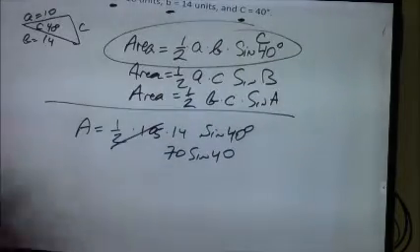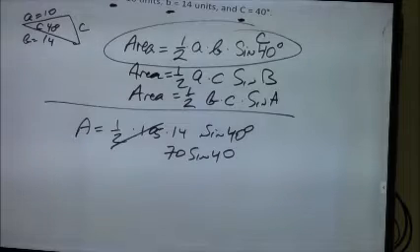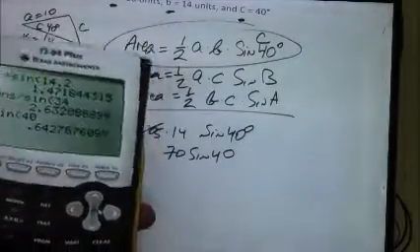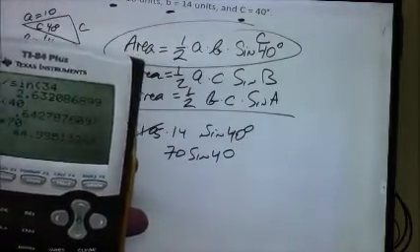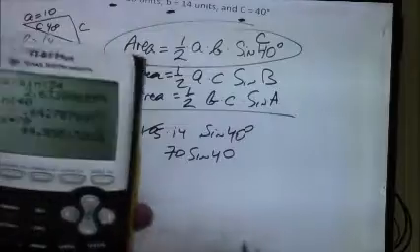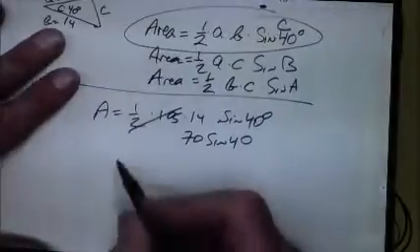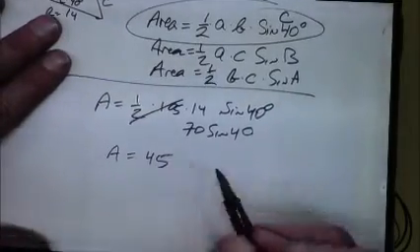I can do a lot of math in my head, but I can't do a sine and cosine in my head unless it's on an even circle. So sine of 40, 0.6 whatever, times the 70. And it gives me 44.9, so close to 45. So the area is equal to 45.